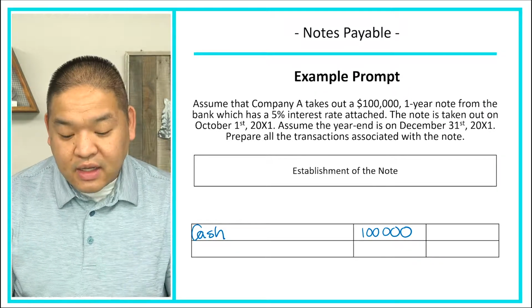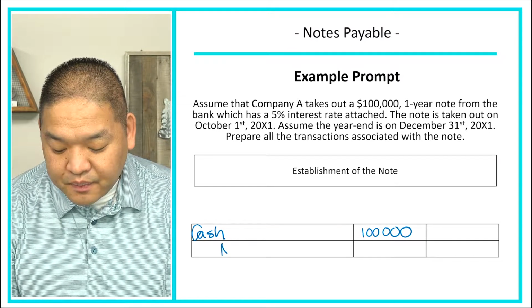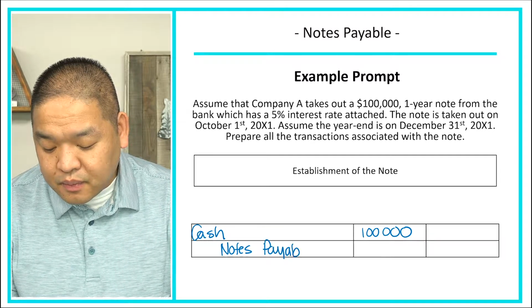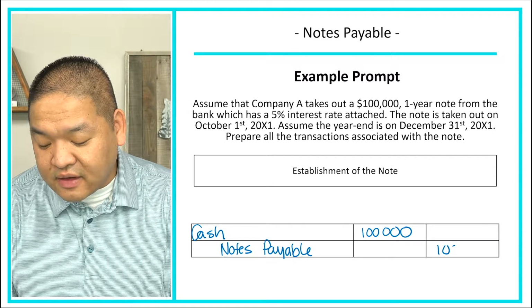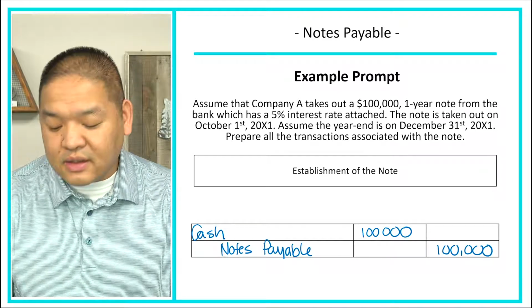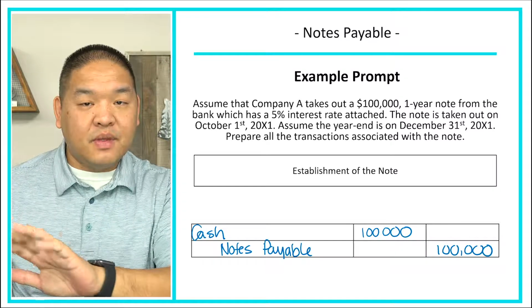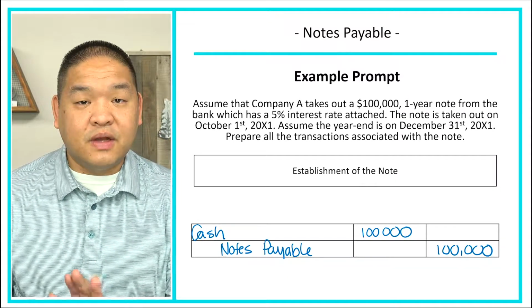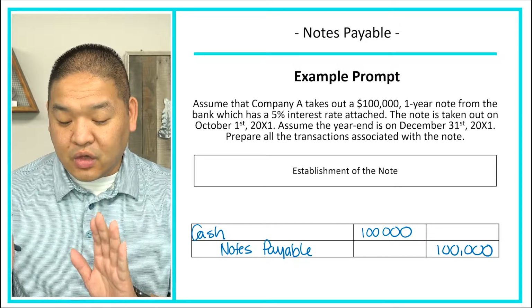So we're going to credit notes payable in the amount of $100,000. So now we've established the liability and we've also received the cash.